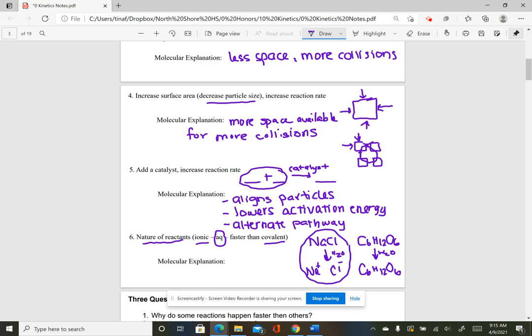So for them to go and combine with something new, it's going to happen quicker than in a sugar molecule where you still have to break these 6 C's, 12 H's, and 6 O's apart from each other before they can go and bond with something new. Okay, so as far as the molecular explanation goes, we can say ions are already separated in solution.